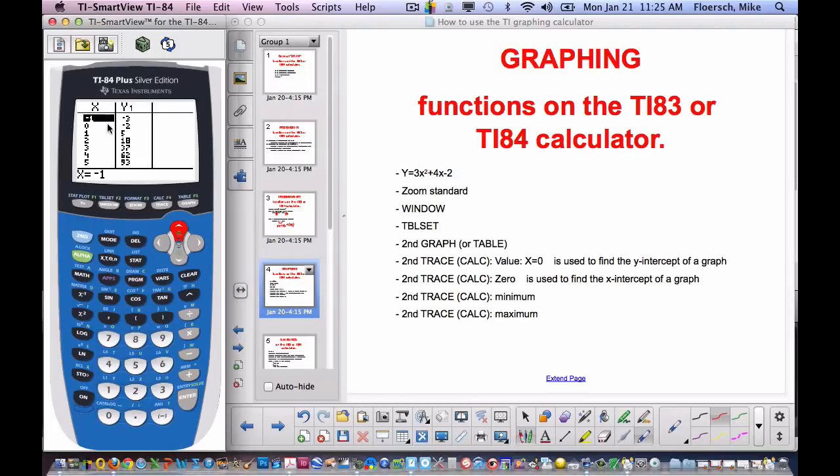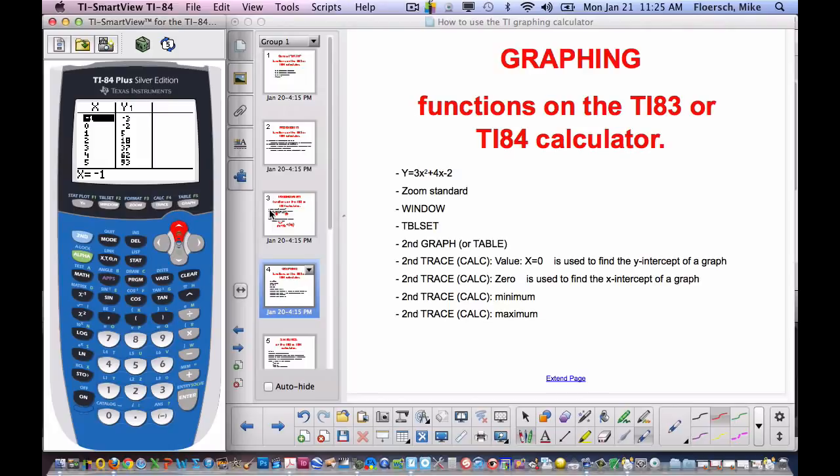Negative 1, negative 3 is a coordinate; 0, negative 2 is a coordinate; 1, 5 is a coordinate; 2, 18. I can see right between 0 and 1 that we reached a minimum on our parabola, just to give me an idea. Those give me my x and y coordinates, again under second table.